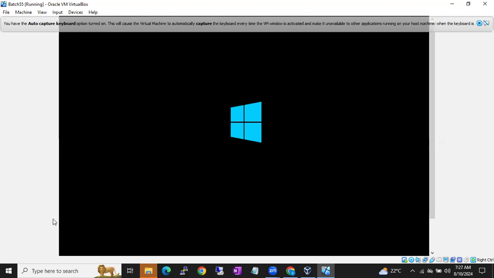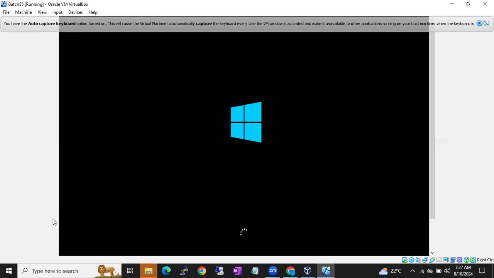No, we cannot restore. Why? Because the next log backup always depends on the previous log backup. If I want to restore log backup 2, first I have to restore log backup 1. If I want to restore log backup 3, I have to restore log backup 2.